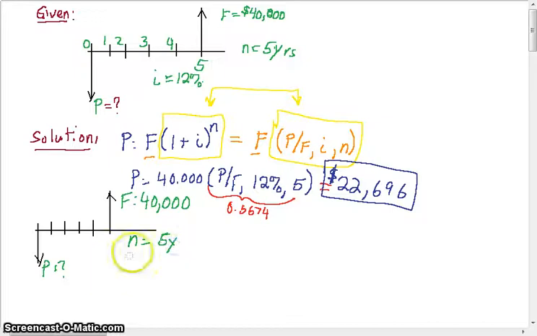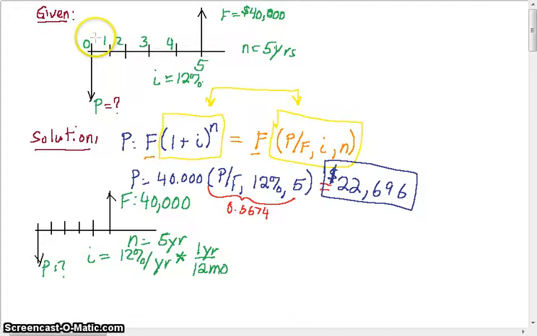Our interest rate is still, we need to work in the same units. So we have I is equal to 12% per year, right? We need to multiply that times 1 year divided by 12 months.